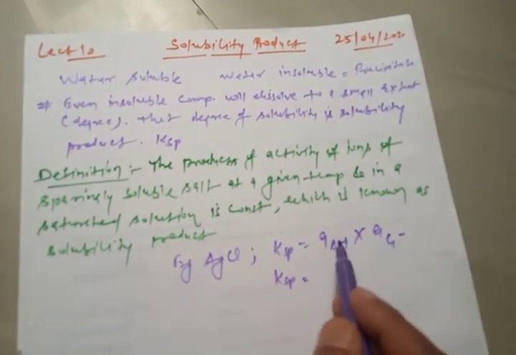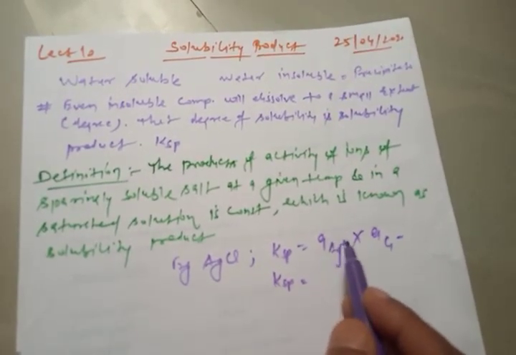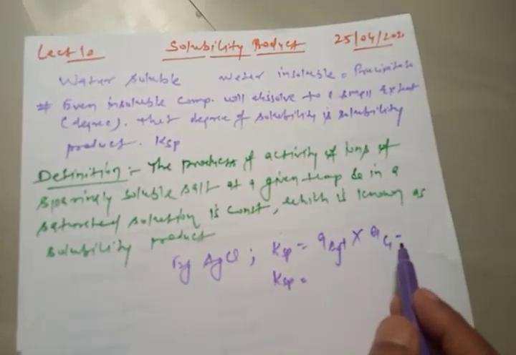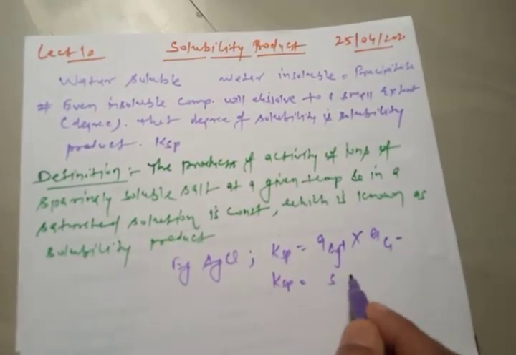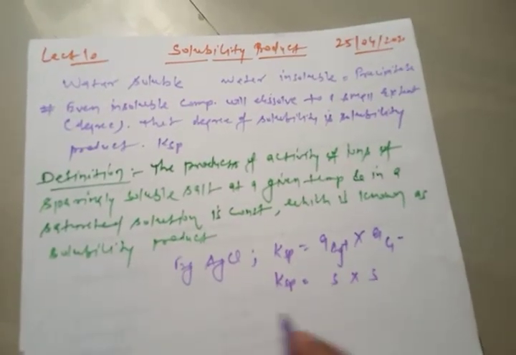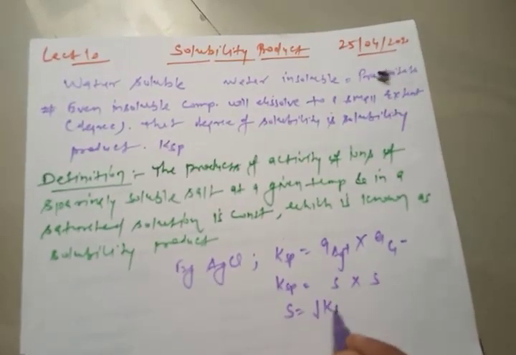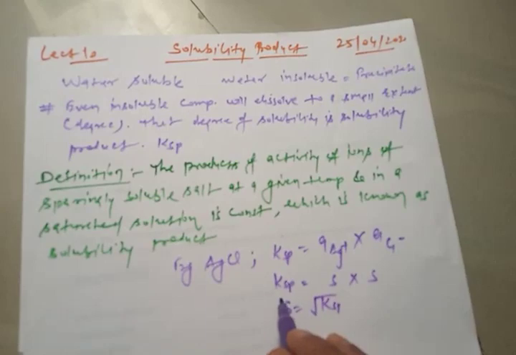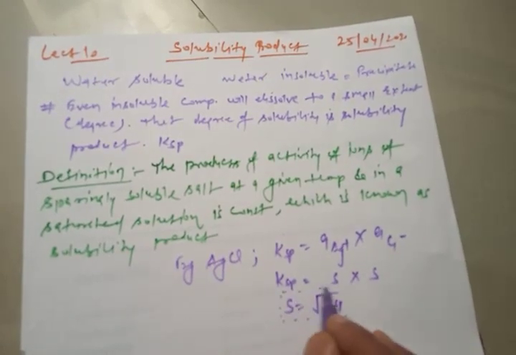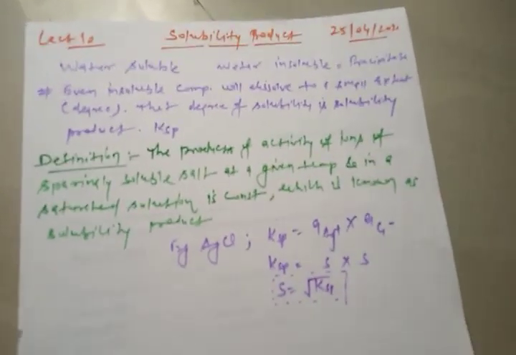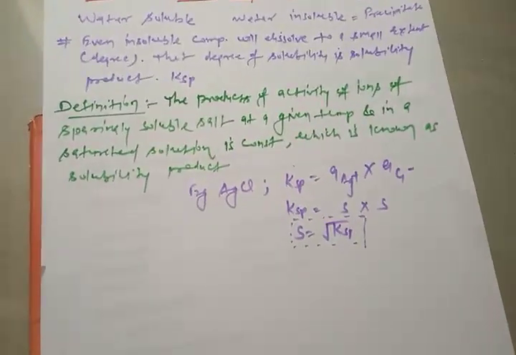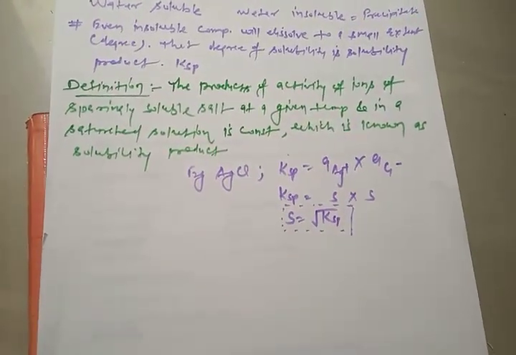That means the solubility of Ag ions and chloride ions, represented by S. So Ksp is S squared, and S is the square root of Ksp. This is how the numerical will be solved. We will solve some numerical at the end also.